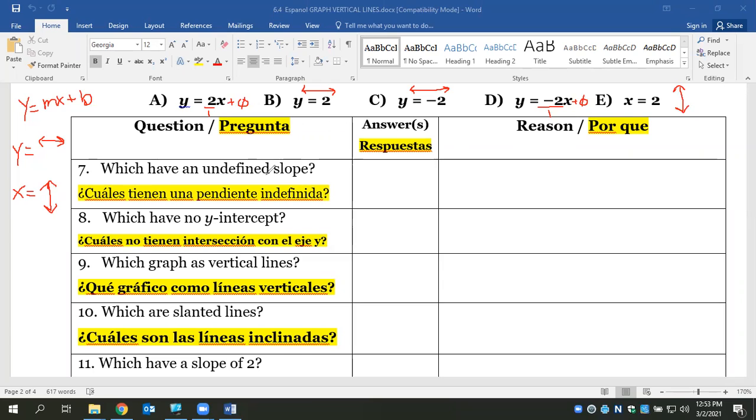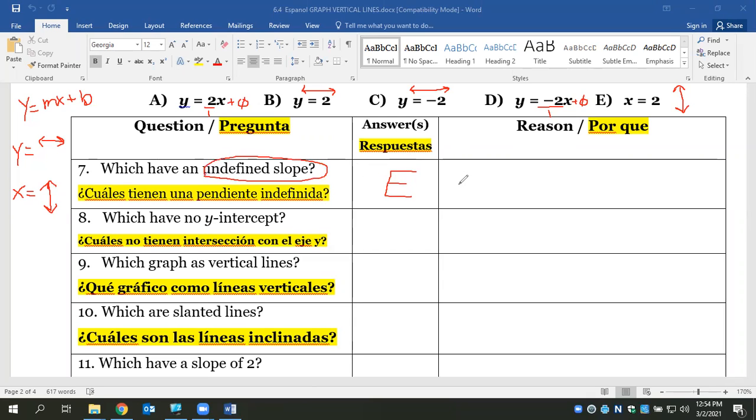Okay, now let's answer these questions. Which have an undefined slope? Now, a straight up and down, a vertical, is undefined. So our answer is E. What's your reason? Verticals are undefined slopes.